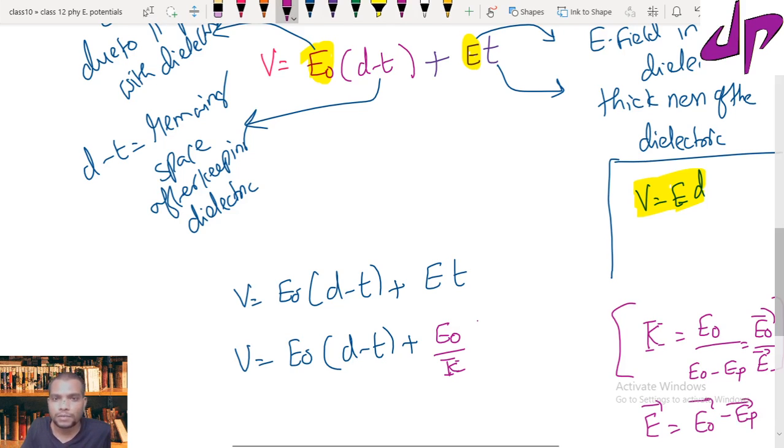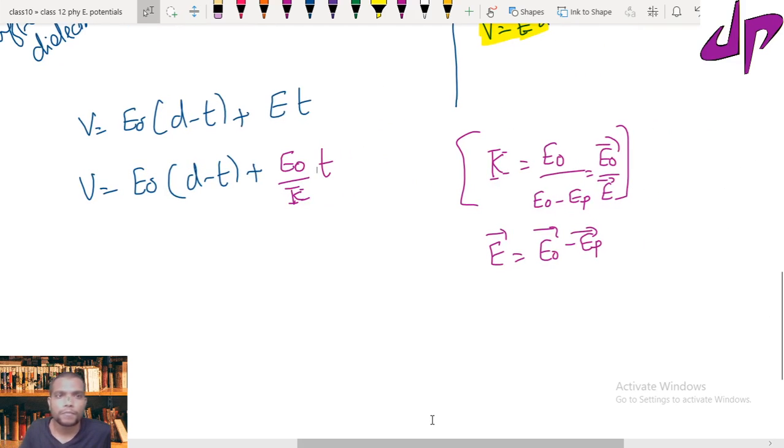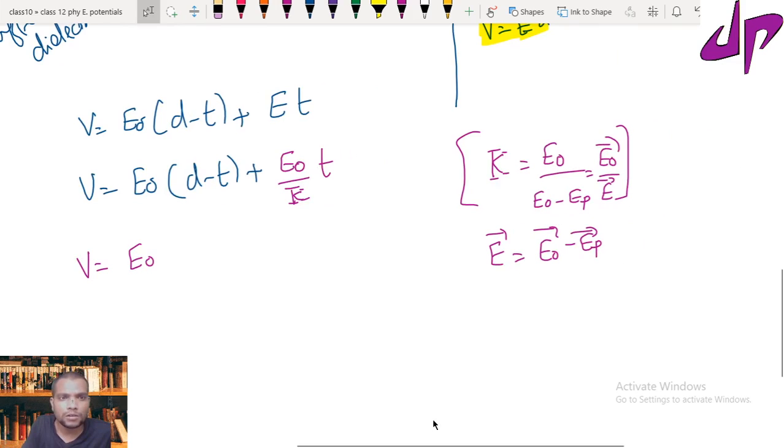T is the thickness of the dielectric slab. Now if we simplify this, E naught is a common factor, so D minus T plus T upon K.